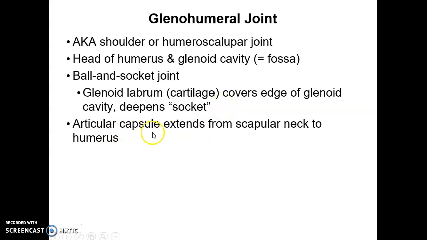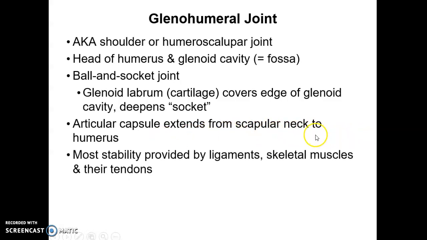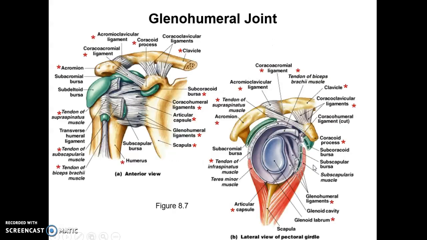The articular capsule extends from the scapular neck to the humerus, and we'll see that in the diagram. Most of the stability is by associated ligaments and skeletal muscles with their tendons that reinforce this joint, and we'll see that in a bit.